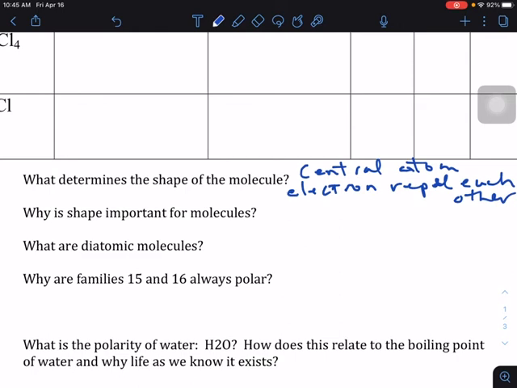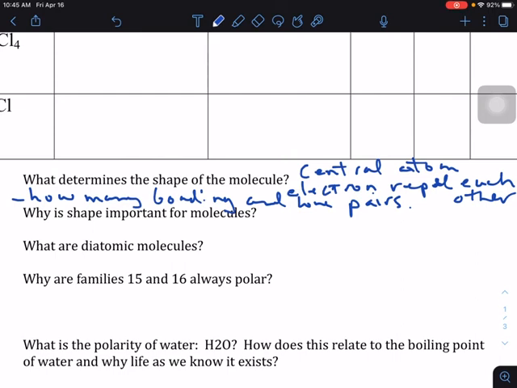Okay, and then so what we're looking at are how many bonding pairs, how many bonding pairs, bonding and lone pairs that the element has, okay?